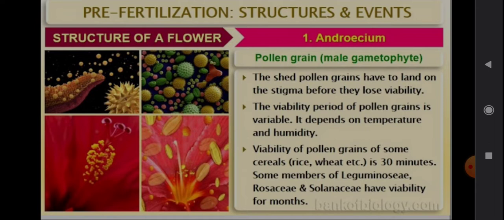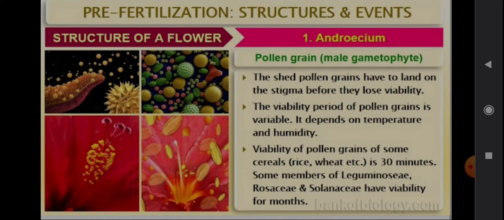Shed pollen grains have to land on the stigma before they lose viability, means before they lose their property, before they lose their power. So in that way, they have to land on a suitable surface. The viability period for pollen grains is variable.